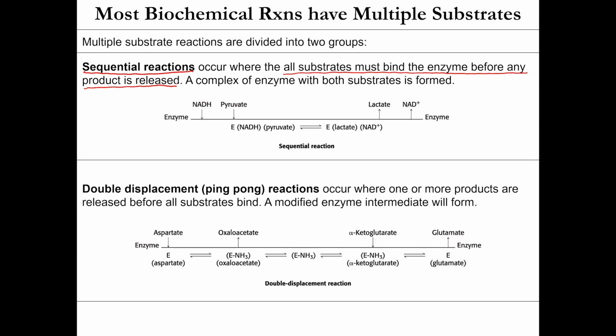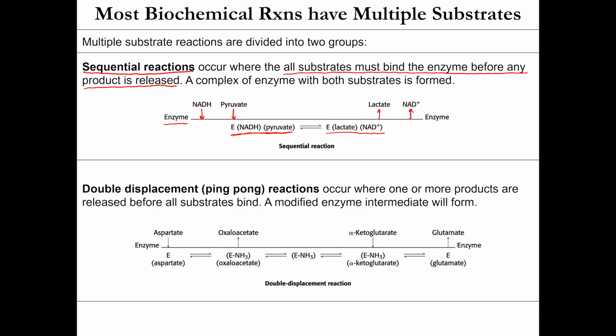So a complex of the enzyme with both of the substrates is formed. In this example, the enzyme has to bind both NADH and pyruvate before it can convert into the products lactate and NAD+.